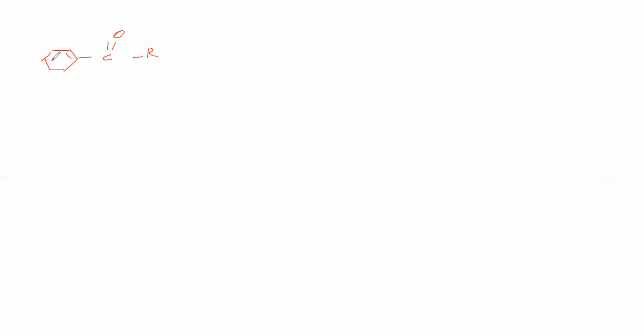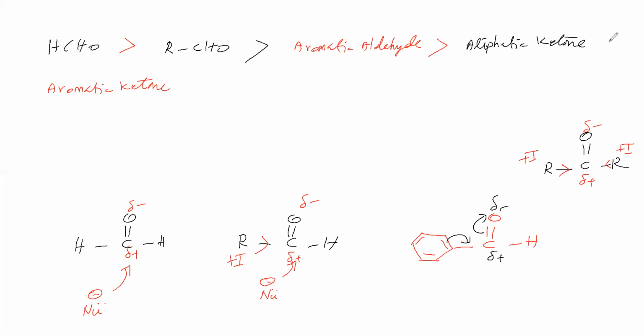Therefore, resonance is possible like this, so the electrophilic nature is less. Therefore, the nucleophile will add with less tendency here. Therefore, aliphatic ketone has a higher tendency of nucleophilic addition than aromatic ketone.